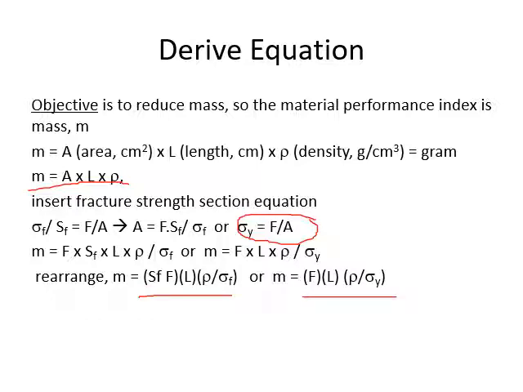Over here is a separate thing. This one is the force and the length, which we can separate altogether. So all we need is just this item over here, which is rho divided by the fracture strength, or rho divided by the yield strength.